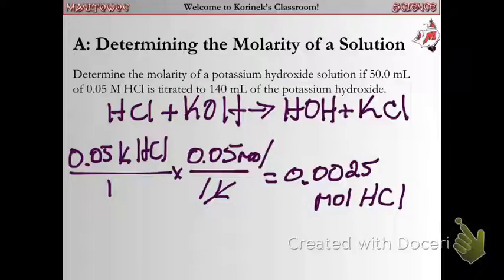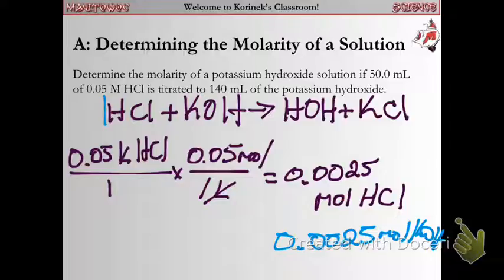So what this means is that if it required 0.0025 moles of HCl to reach that equivalence point, then that means in your original sample you are going to have 0.0025 moles of KOH, because it's a 1-to-1 ratio. So those are the same.